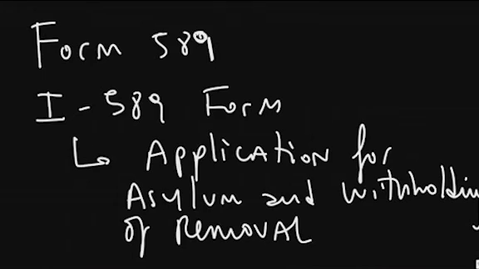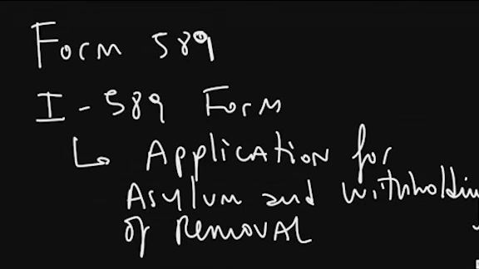What is this application for asylum and withholding of removal? Well, remember, in the master calendar hearing, this respondent received a notice to appear, and they want to remove him. They want to get him out of the country. But this respondent is saying, look, I qualify for asylum. I meet the requirements to remain in this country. So this is an application for asylum, but it's also an application to withhold the removal until they decide on the asylum.